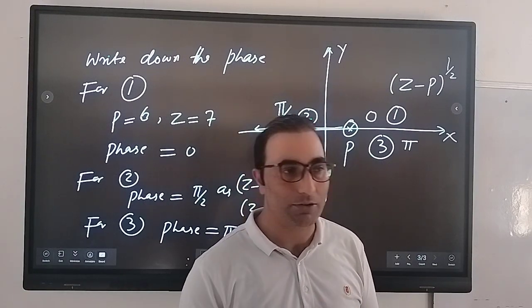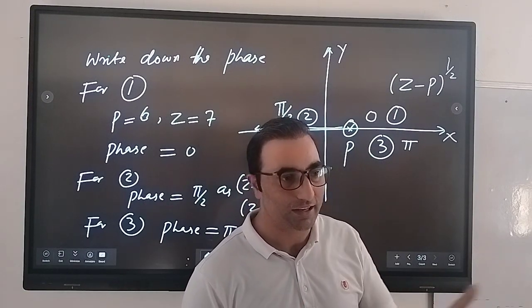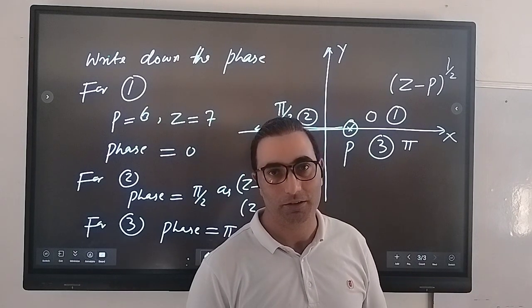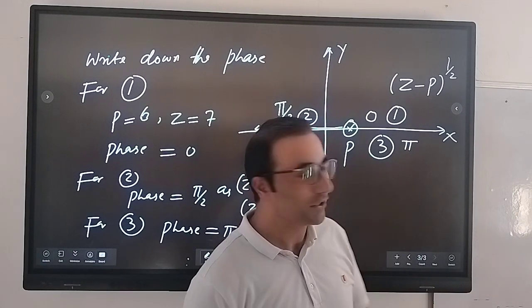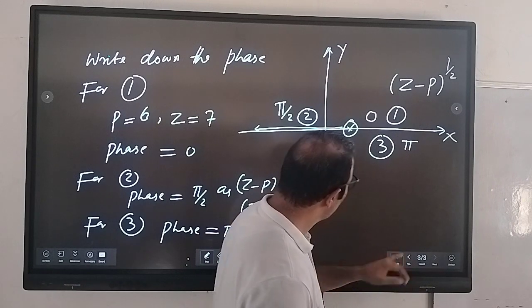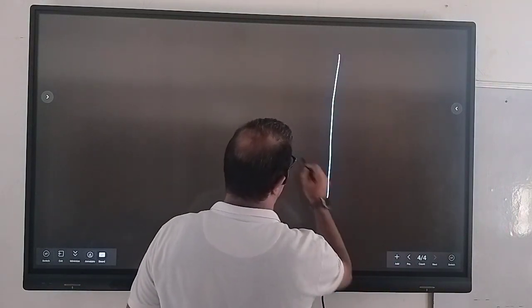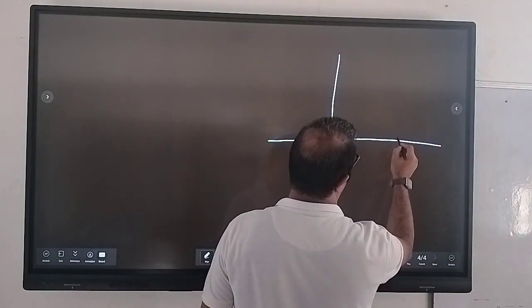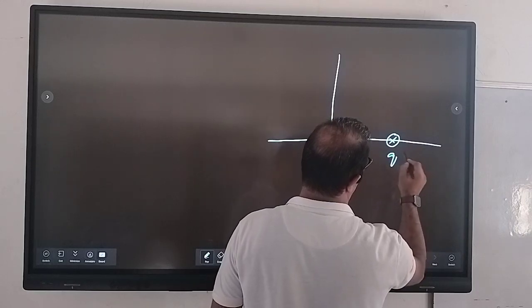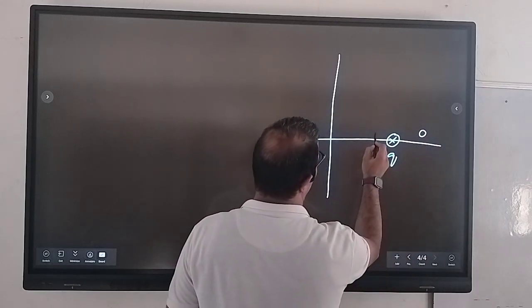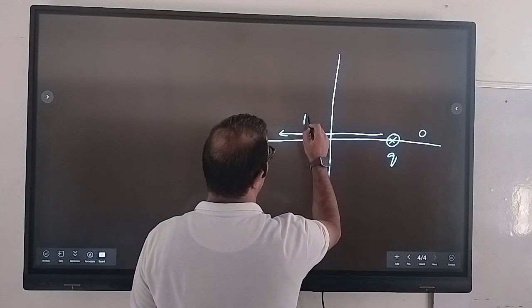So instead of p we now have q, which is also a positive integer, some units away from that point, right? So we can have point q here, and the phase will be 0 here, and again for this region it will be pi by 2.